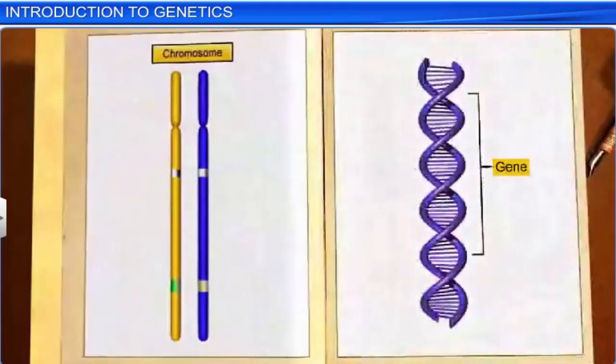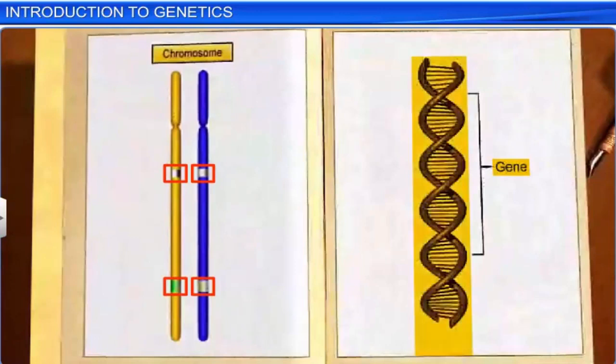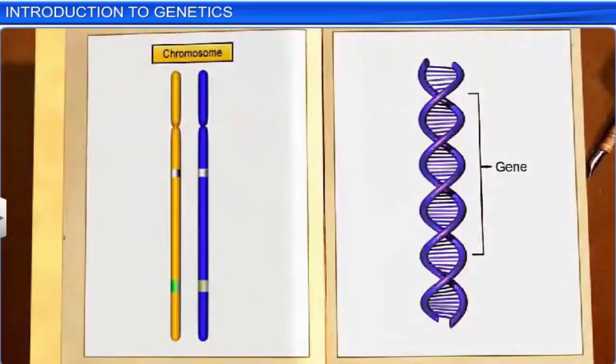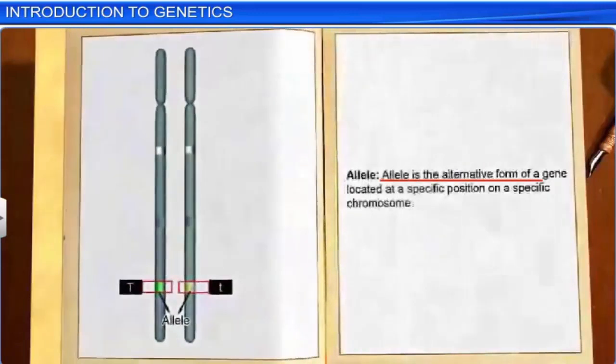A gene or a factor is the functional unit of heredity material, that is, DNA. In other words, it is a unit of DNA that is responsible for the appearance and inheritance of a character. The alternative form of a gene located at a specific position on a specific chromosome is known as the allele.